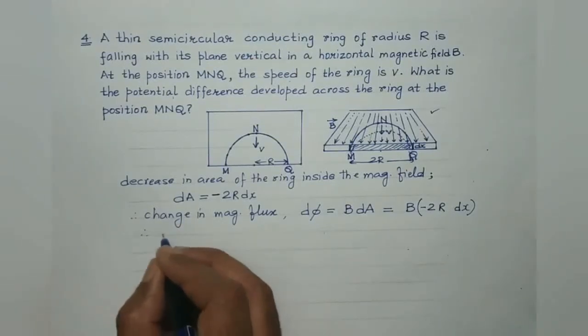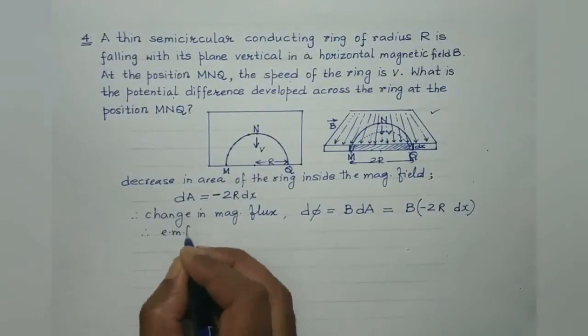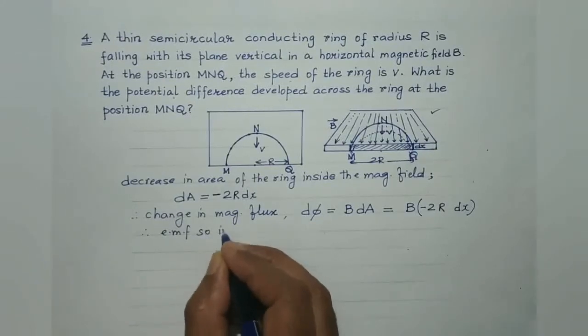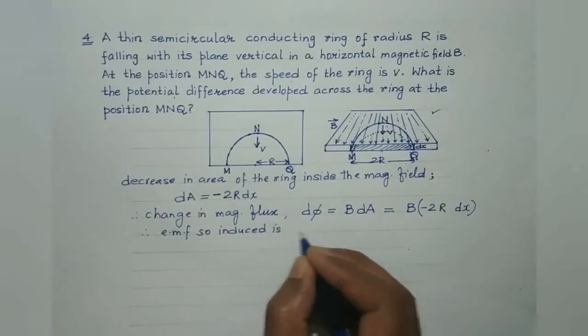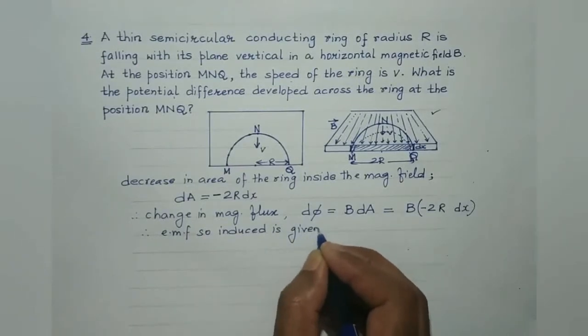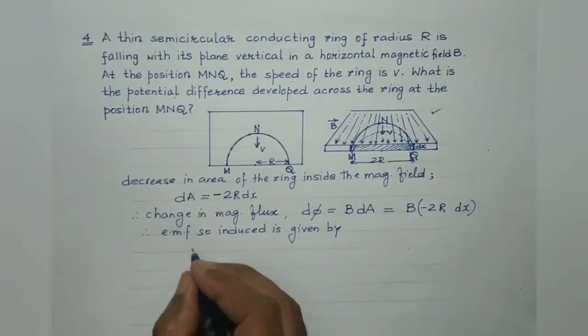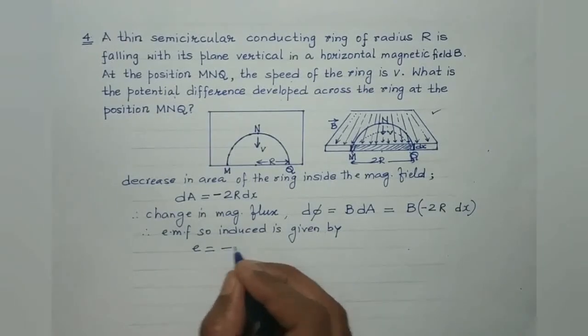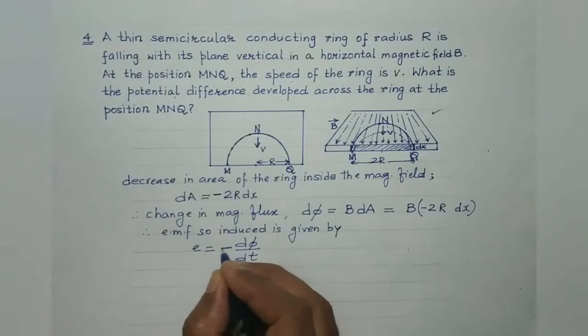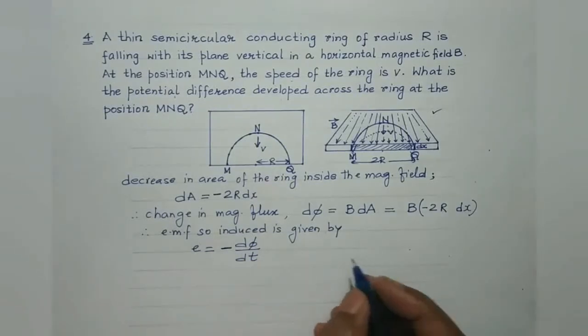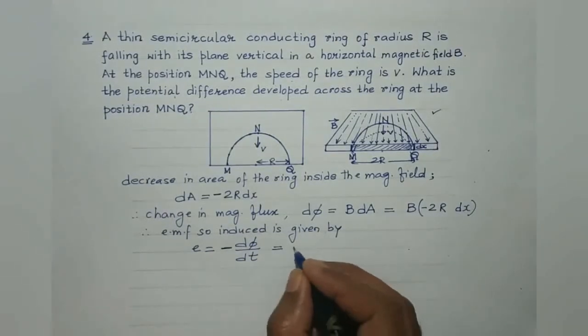Therefore, the EMF so induced due to the change in this magnetic flux is given by E equals, we are aware, minus d phi by dt. The negative sign is indicative of the fact that it is always of opposing nature. So simply substitute the value.